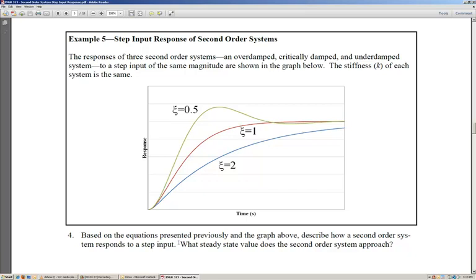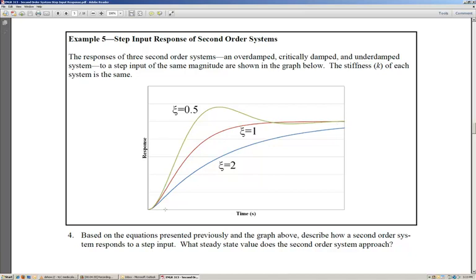And we see that in all of these cases, the system starts at some initial value. It may or may not be 0, depending upon what the initial conditions of the system are. And then depending upon the damping ratio, the response is going to approach the steady state value, this f over k value, in a couple of different ways.